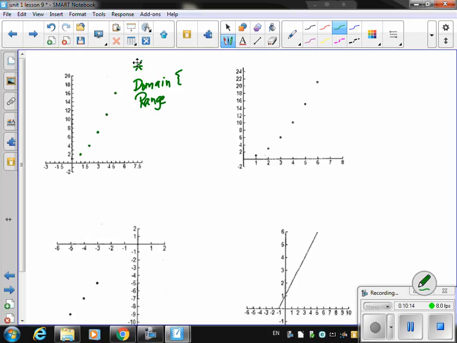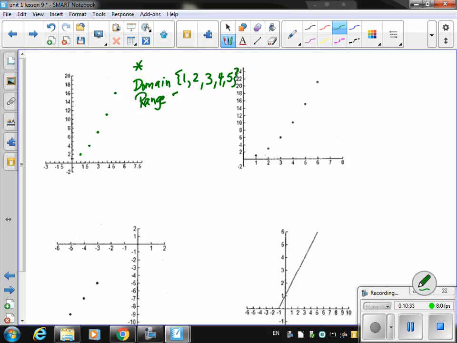We're going to write them as a set. The x values are 1, 2, 3, you'll never guess, 4, and 5. I'm just reading from the graph.